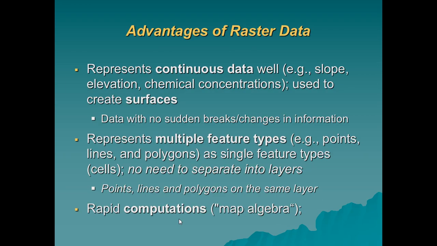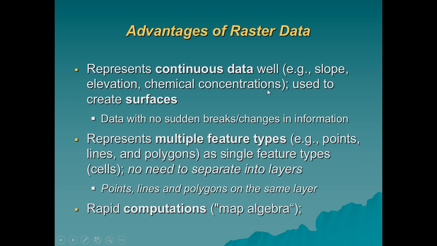So what are the advantages of the raster data? The raster data represents continuous data, meaning there's no break in the information. For example, on your map, every point where you have those cells gives a measurement of slope or elevation or even chemical concentration.